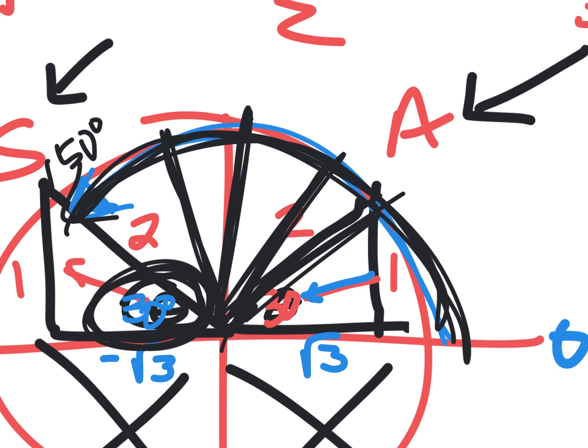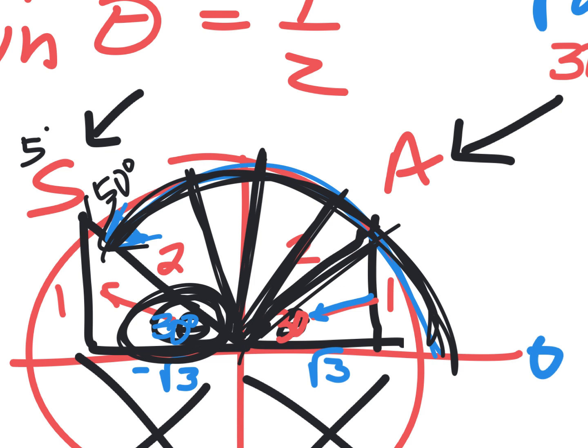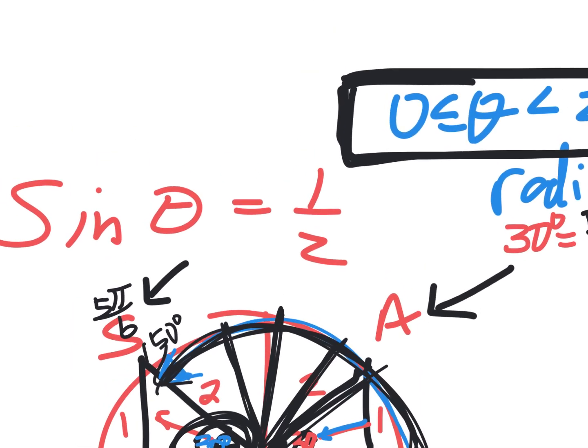And if you do it in radians, that's 5 sets of 30, right? So 5 pi over 6s. That's what lives at that spot. So the answers for this were 5 pi over 6 and 1 pi over 6. 30 and 150.